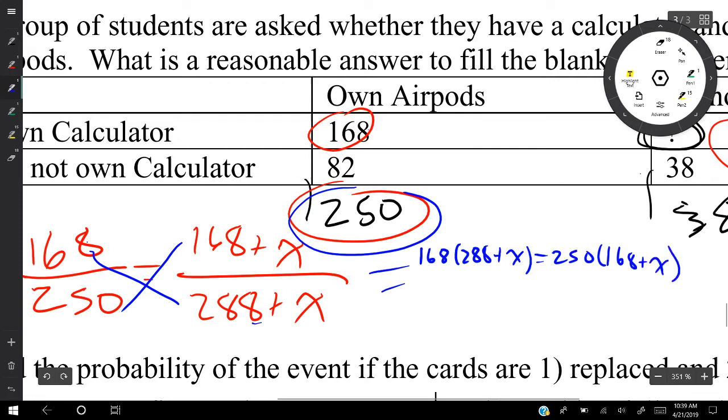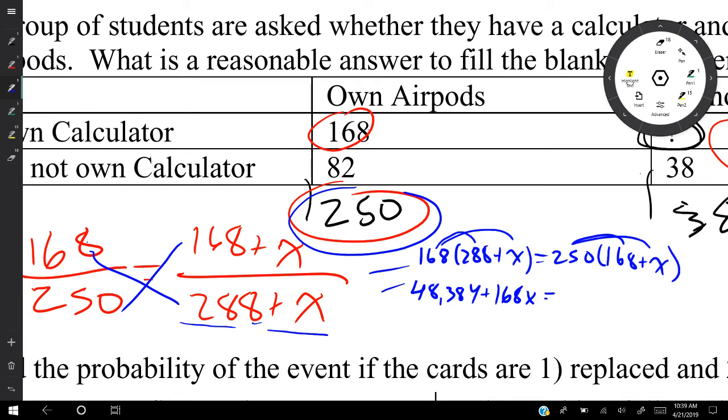I'm being super careful here because I have to multiply by both of these things. I'm about to distribute. So 168 times 288 is 48,384, plus 168x equals 250 times 168, which is 42,000 on the nose, plus 250x.